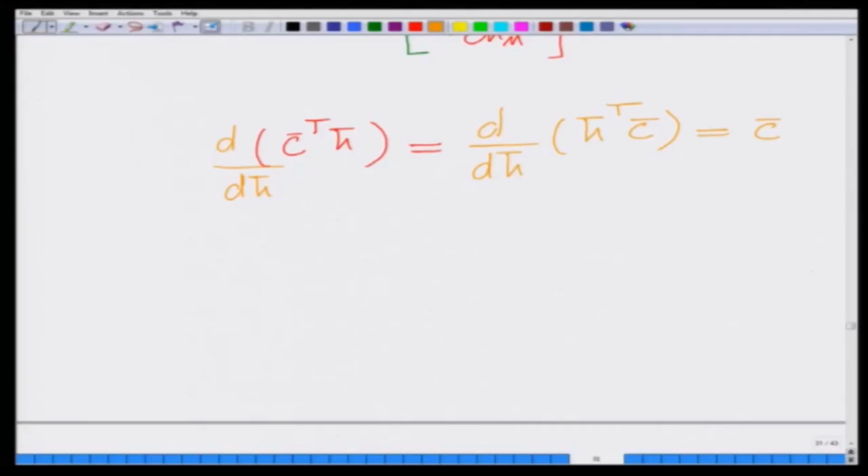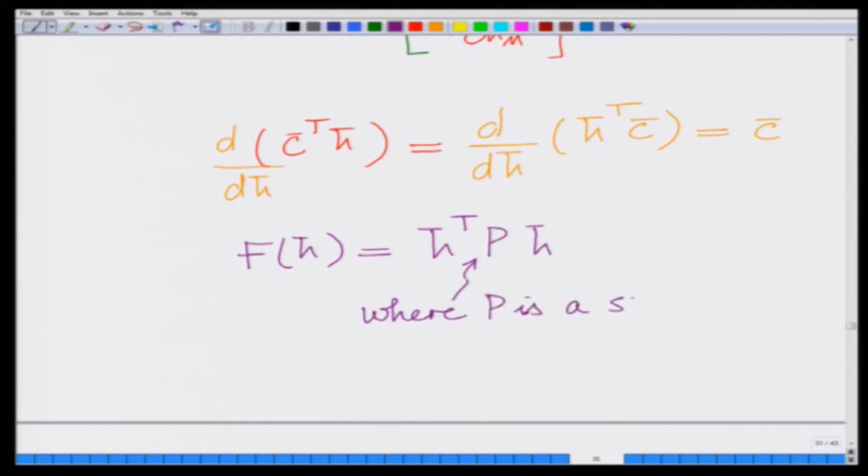Now, let us look at another function which is termed the quadratic form, and this is given as follows. If I have a vector h bar, the quadratic form is defined as f of h bar equals h bar transpose P h bar, where P is a symmetric matrix, that is P equals P transpose.